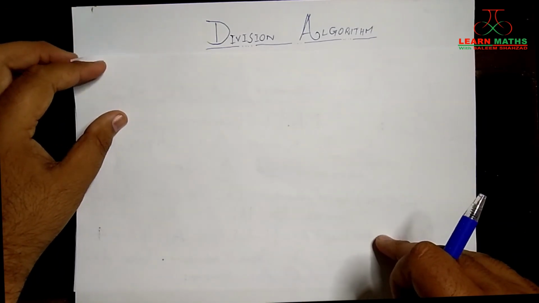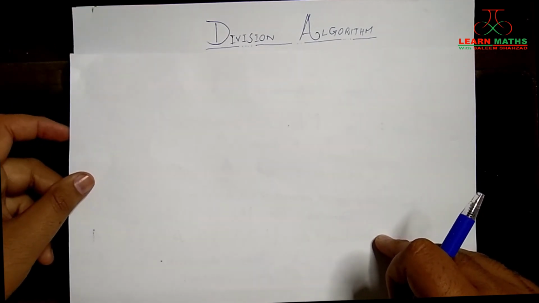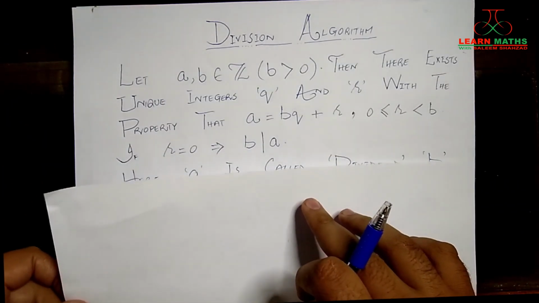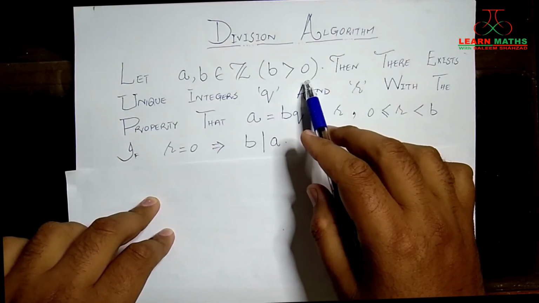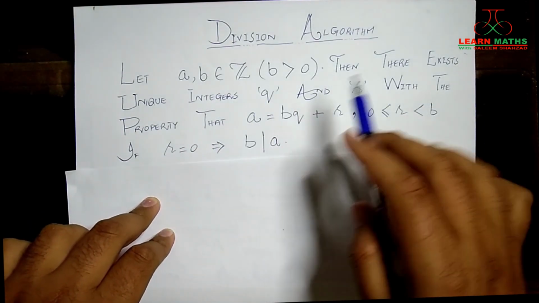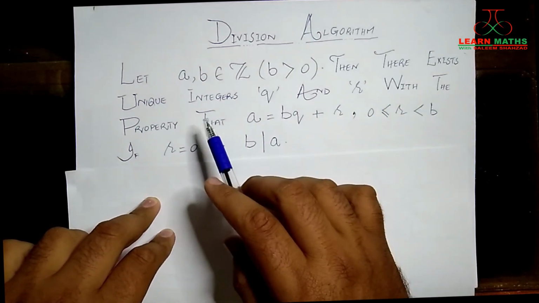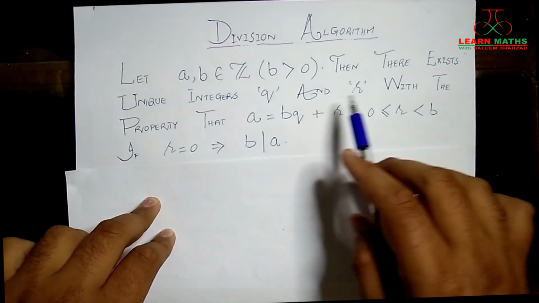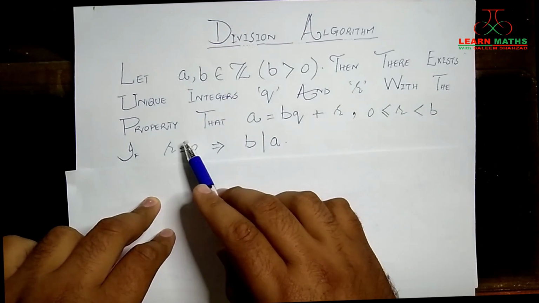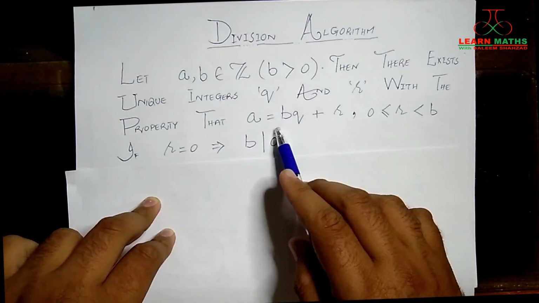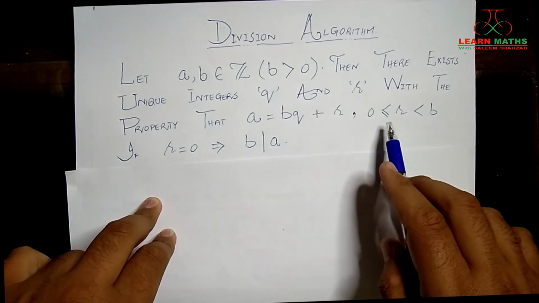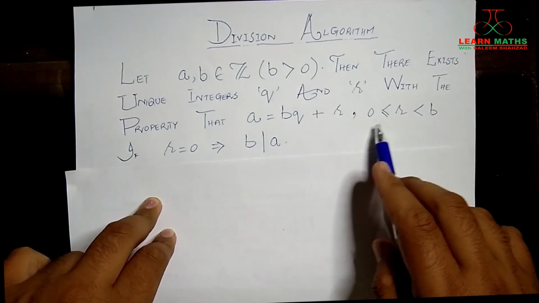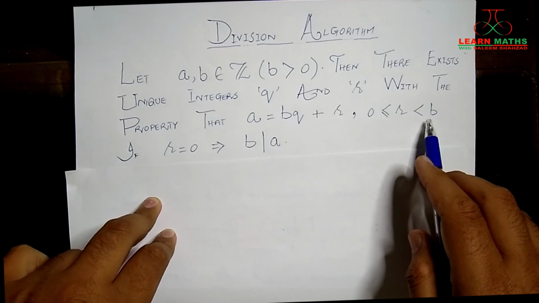So the division algorithm or Euclidean algorithm is stated as: let a and b be any two integers where b is greater than 0, meaning b is positive. Then there exist unique integers q and r with the property that a is equal to b times q plus r, where this r is greater than or equal to 0 and is always less than b.